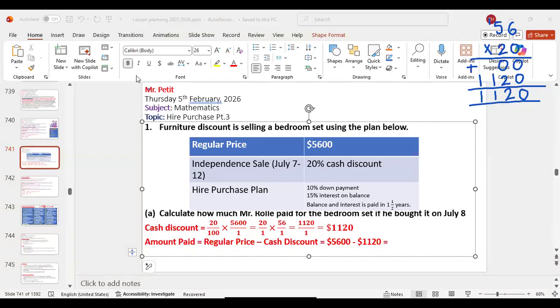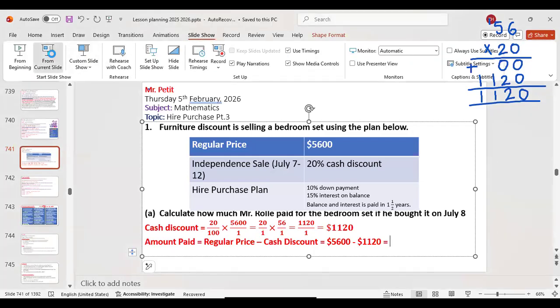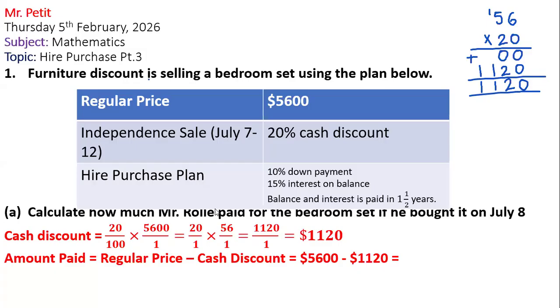When you subtract them, what do you get? Marina, you tell me right now. So no one has subtracted yet? 4,480.